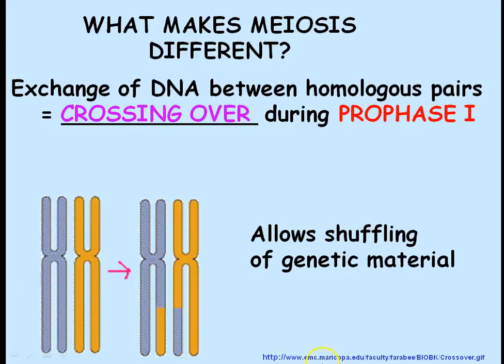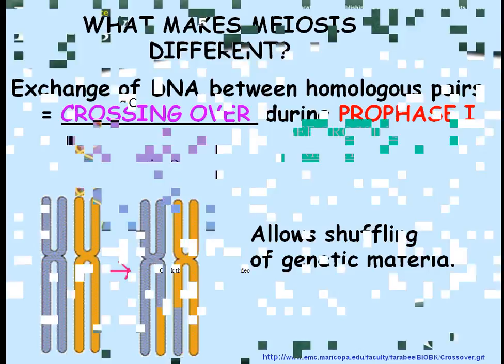So you can actually notice the color change over here. You can see that some of the orange chromosomes switched over to the blue chromosome, and the blue chromosome switched over to the orange chromosome. And this is what we call shuffling the DNA, which allows for genetic variety and for the sperm or egg cells that are made to be genetically different from each other.